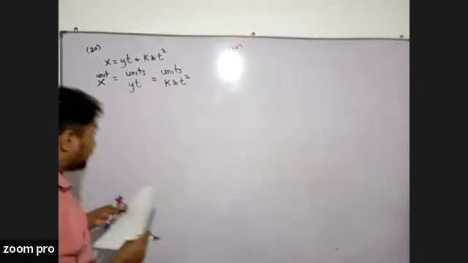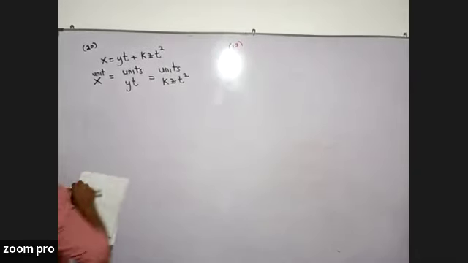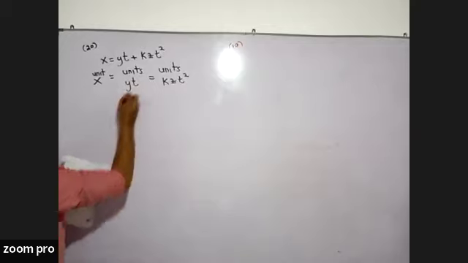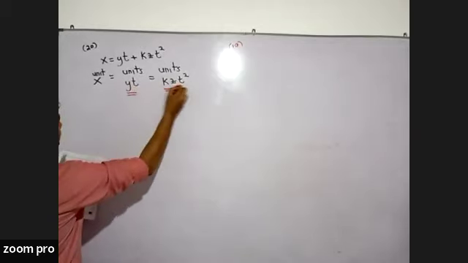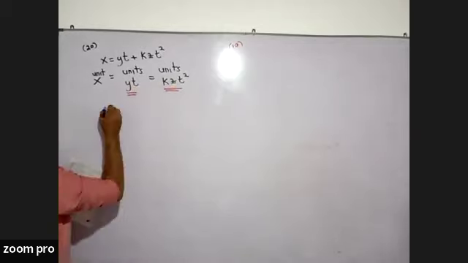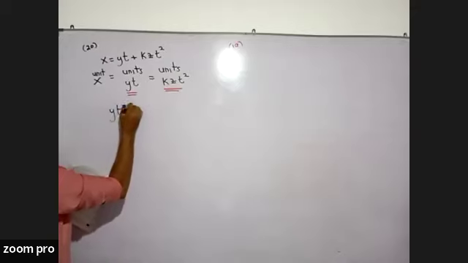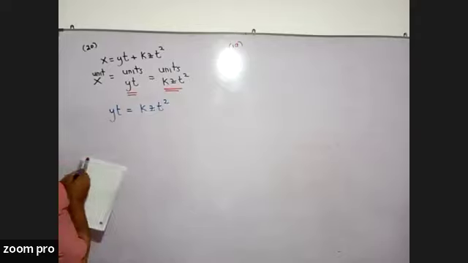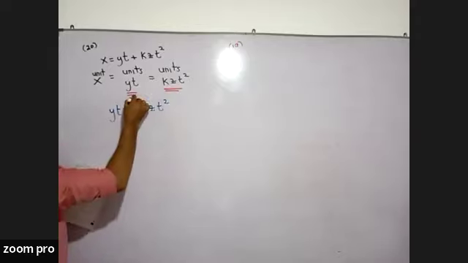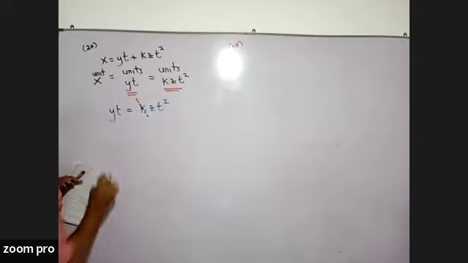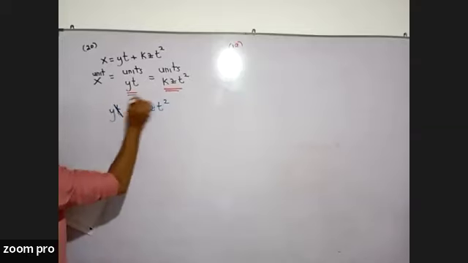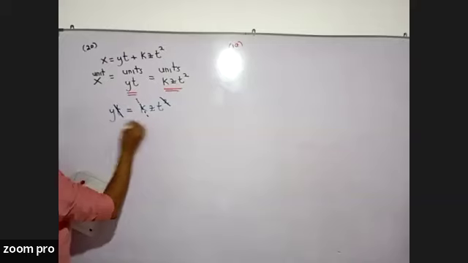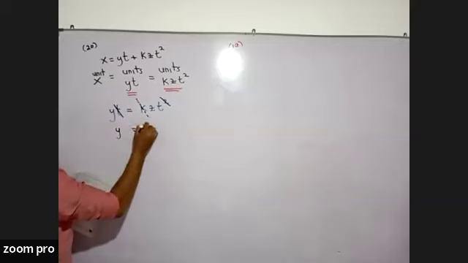So let's consider two terms. Let's consider these two, right? Then the units of yt should be equal to k z t squared, right? You can neglect the k because it's a unitless constant, and if I further simplify the t, then y equals zt.